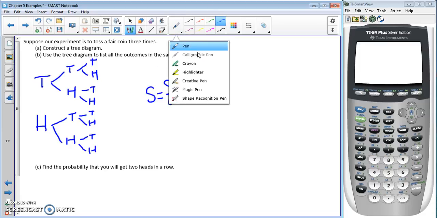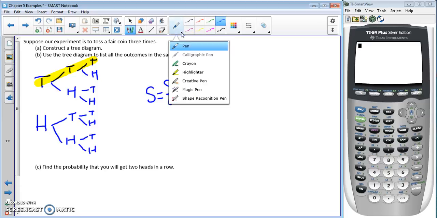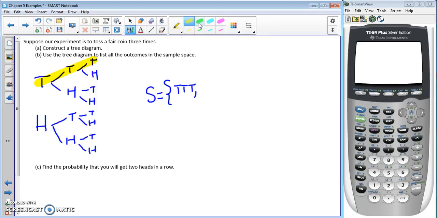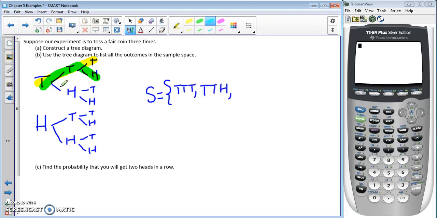So the first outcome we have here is tails, tails, tails. And then the next outcome that we have here, we would have tails, tails, heads. And then tails, heads, tails.